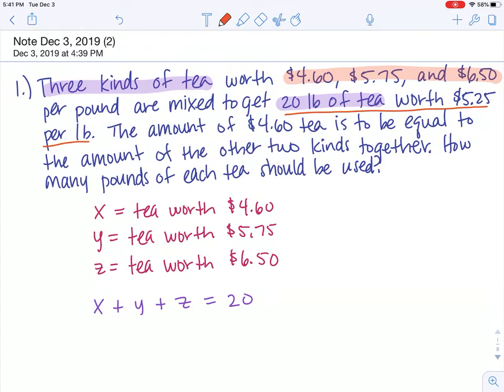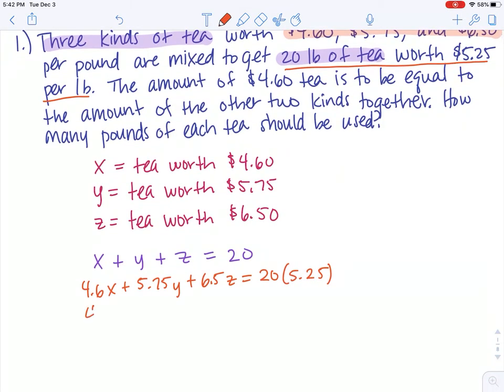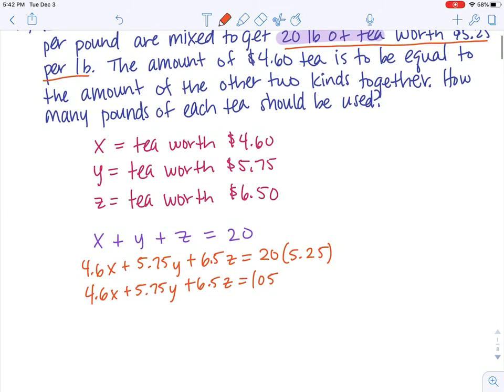So the way we set that up, put 4.6 in front of x, put 5.75 in front of y, put 6.5 in front of z, and then our 20 pounds is worth $5.25 per pound. And 20 times $5.25 is 105. So we have two equations built so far.